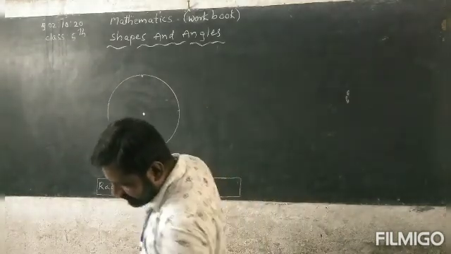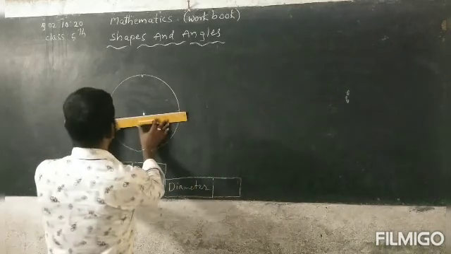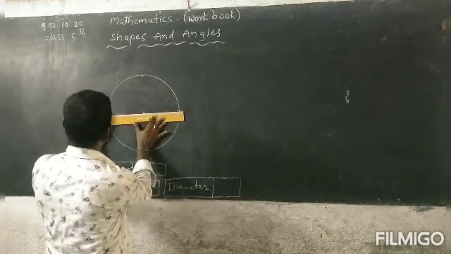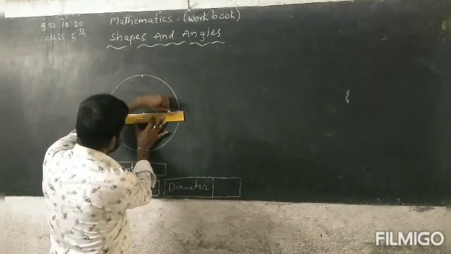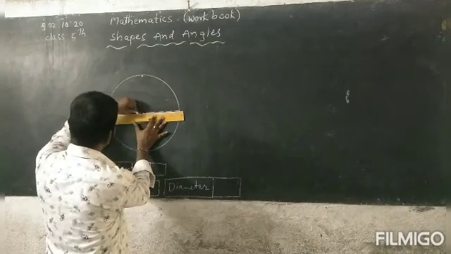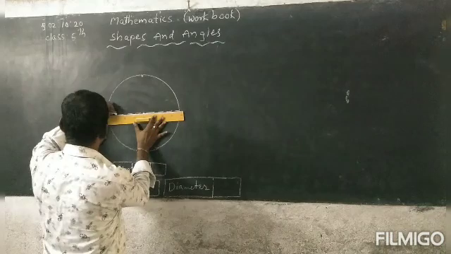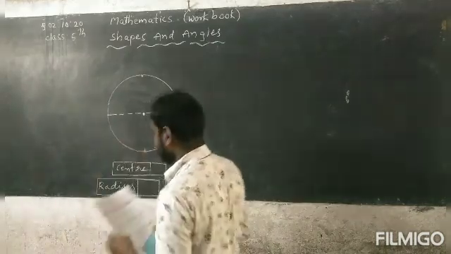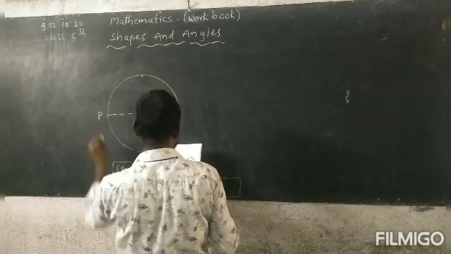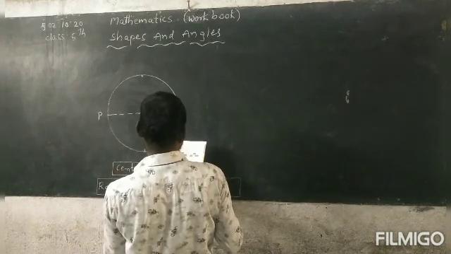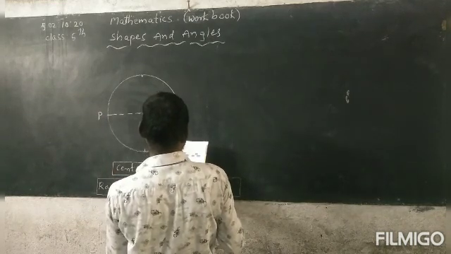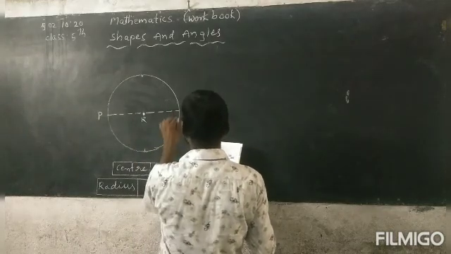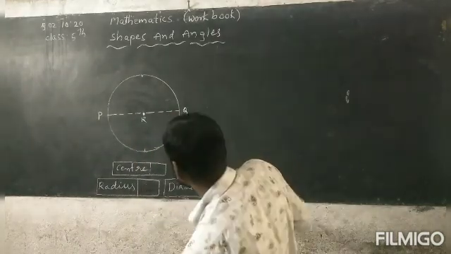Now next one. This is P. This is R. This is Q. See here, center.